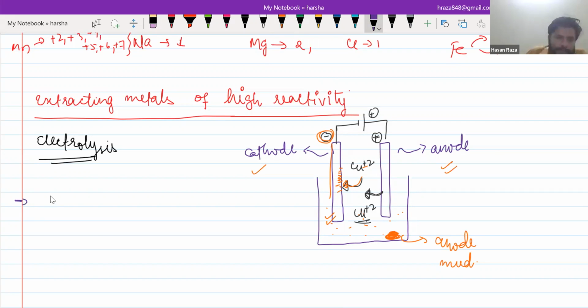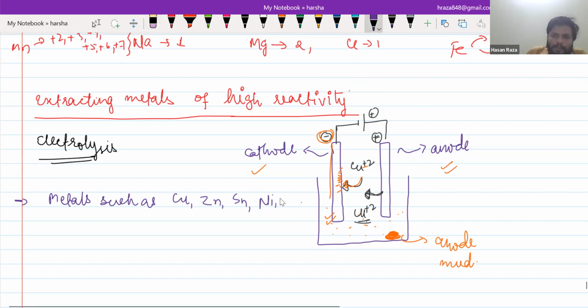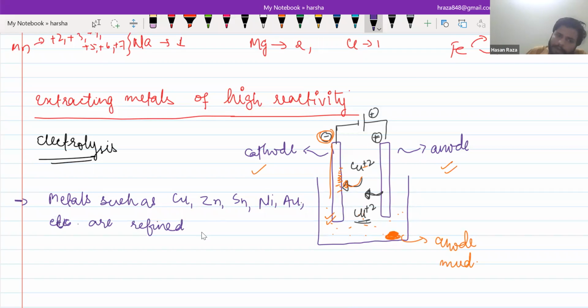So this is the point. Metals such as copper, zinc, tin, nickel, etc., or you can say gold also, are refined electrolytically.